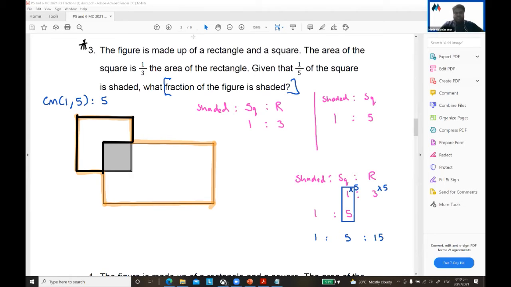So right, this is 1 unit. Okay, so the rectangle here, as we know, it's 15 units. So right now, the whole thing here is 15 units, method 1. So can you tell me, right, what is the unit for this portion here? Is it still 5?